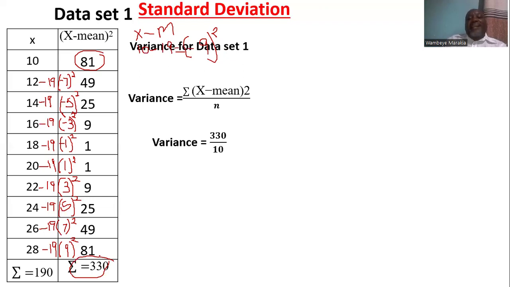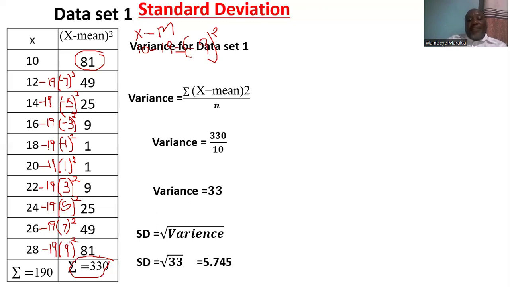So this will be 330 all over 10, you get 33. But this is not the standard deviation. We take now the root of variance to get the standard deviation. The root of 33 will give us 5.745.